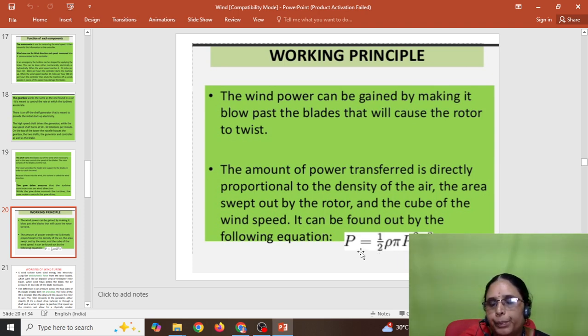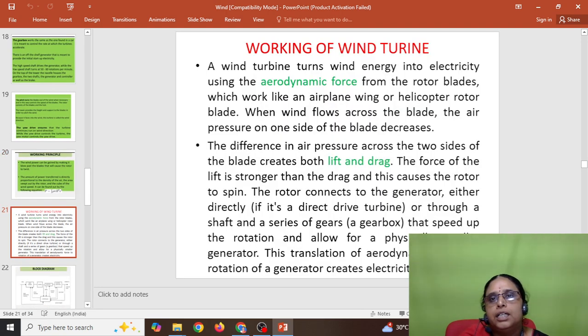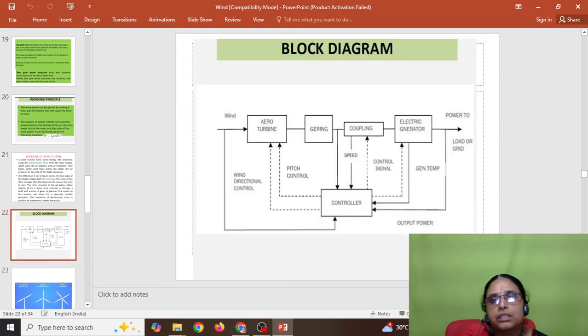So power equals half times air density times pi times r squared times V cubed. The working of a wind turbine is based on aerodynamic force: the lift and drag forces rotate the wind blade. The lift force is higher compared to the drag force.